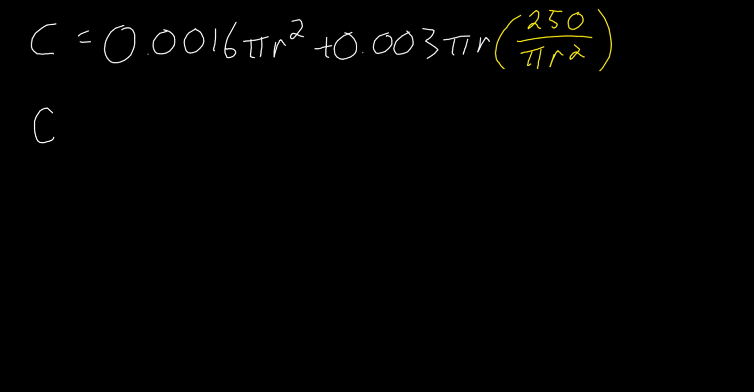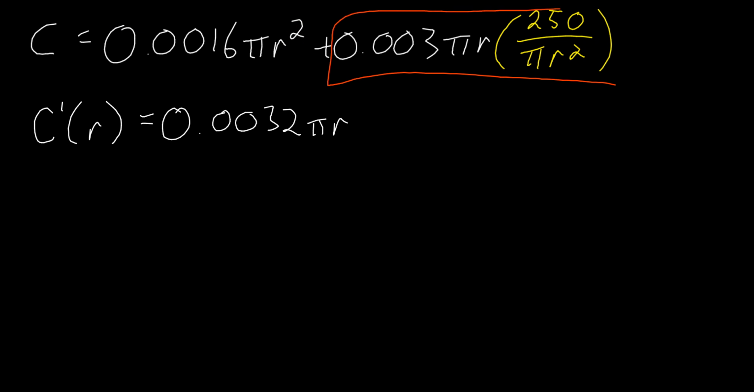All right, forget consistency. We're going to do it this way. This is more precise, anyways. So if r is my variable, all we have to do is take the derivative of it. So this 2 goes out front, and then that 2 goes down to a 1. So we end up with 0.0032 pi r.